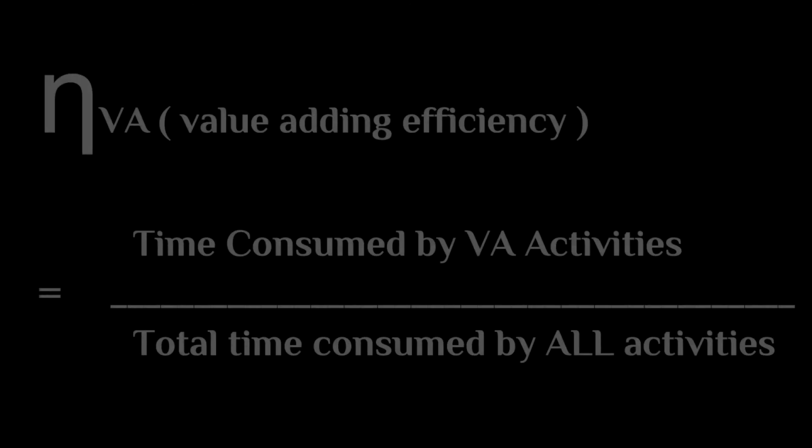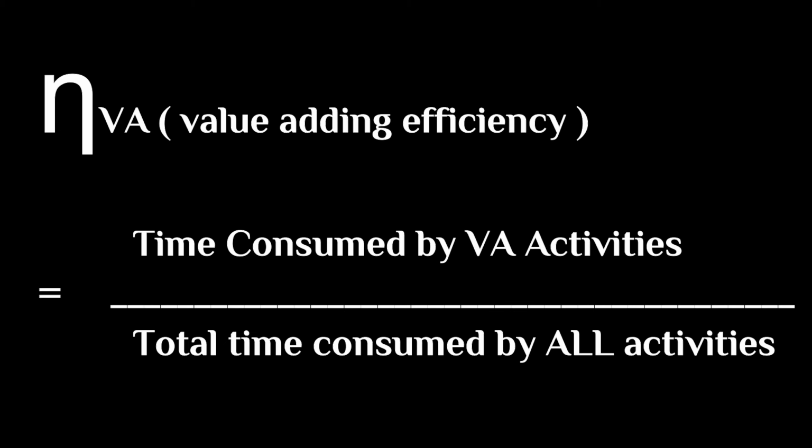Value adding efficiency is defined as the time consumed by the value added activities divided by total time consumed by all the activities in the process from start to the end.